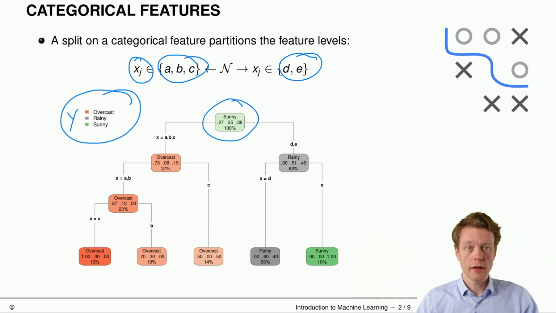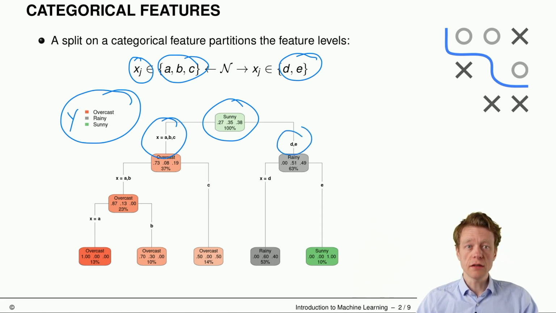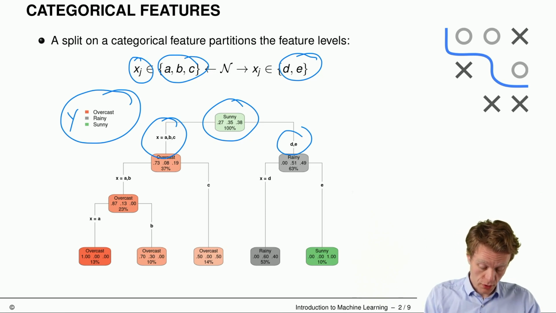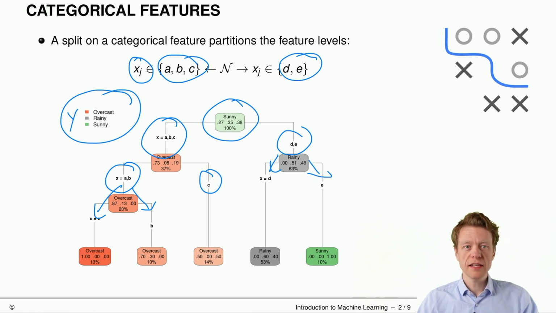In the root node we have 100% of the data, and a split on a categorical feature partitions the feature levels into 2 sets. Here it's ABC for the left node and DE for the right node. Then if we go on, we split regarding A, B and C, and then A and B is split into A and B. So in the end we have 5 leaves, 5 terminal nodes, where each feature category has just 1 leaf.